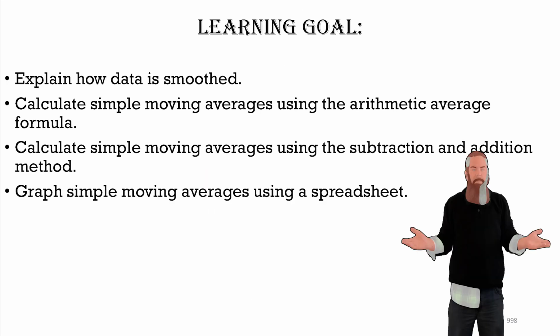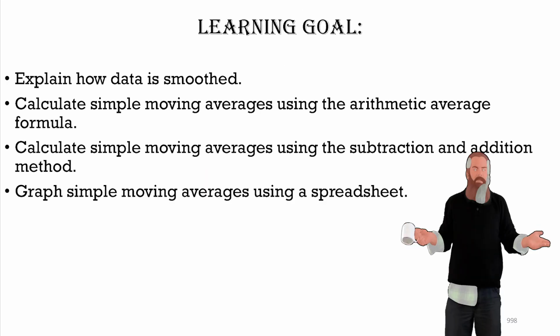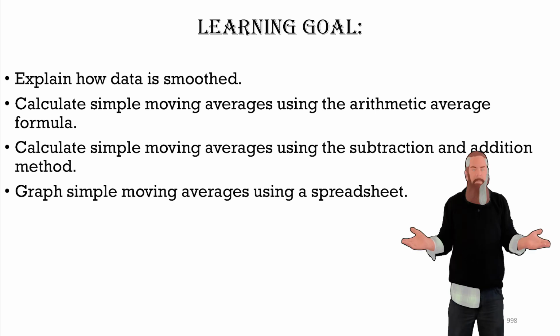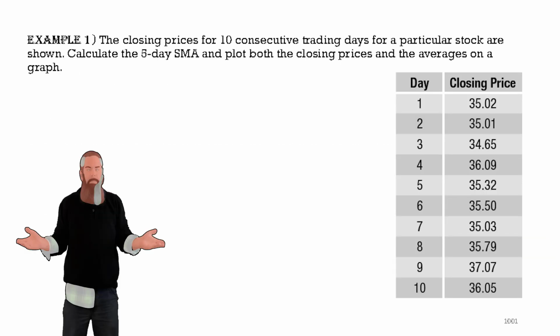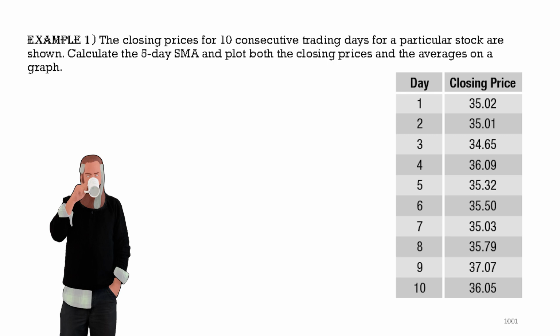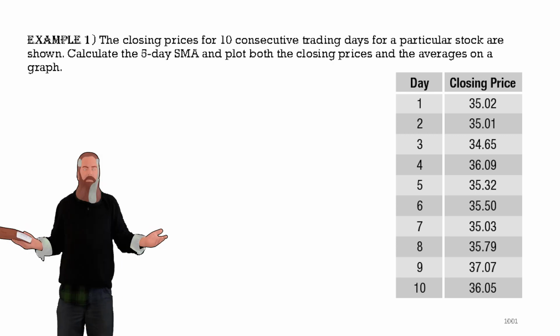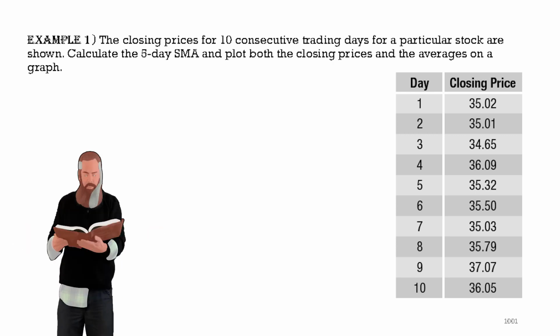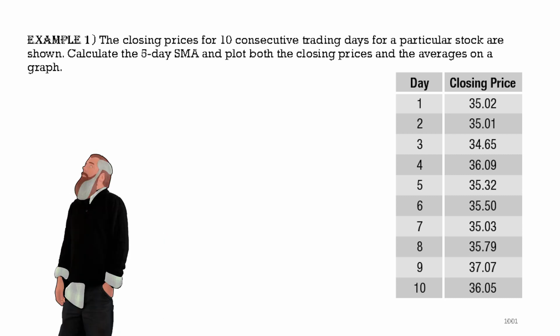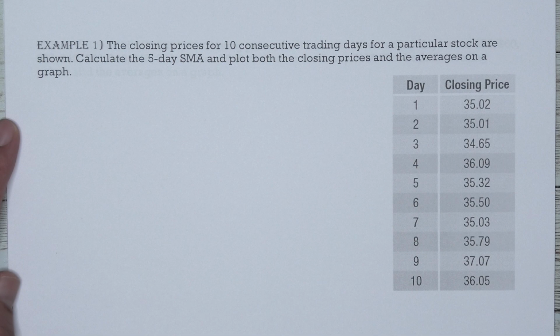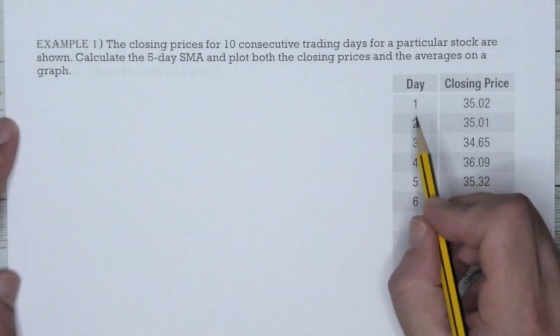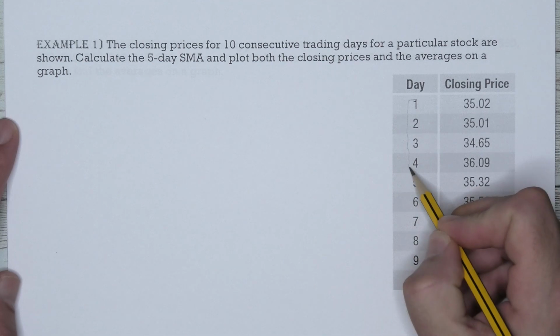Objective. Now let's calculate simple moving averages using an arithmetic average formula. The closing prices for 10 consecutive trading days for a particular stock are shown. Calculate the 5-day SMA and plot both the closing prices and the averages on a graph. Now we're going to find the average of the closing prices in groups of 5, meaning day 1 through 5 to begin with.